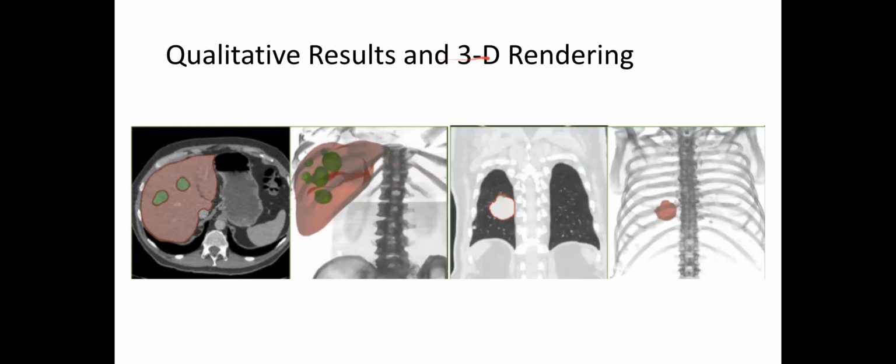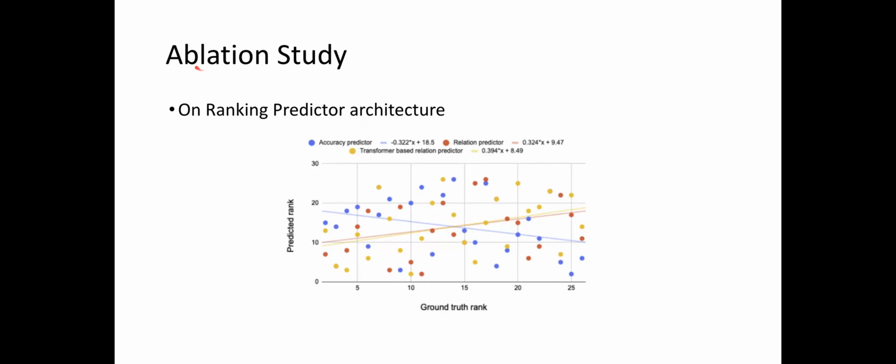And these are the qualitative results of their method on the data set. As you can see, this is a 2D image and this is the corresponding 3D rendered segmentation mask using graphics. Coming to the main ablation study, they performed only one ablation study: what is the choice of predictor architecture? As you have seen before, they pass two vectors and try to see which one performs better through a binary relation.